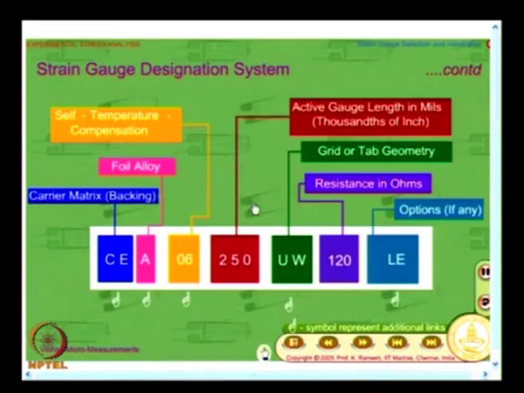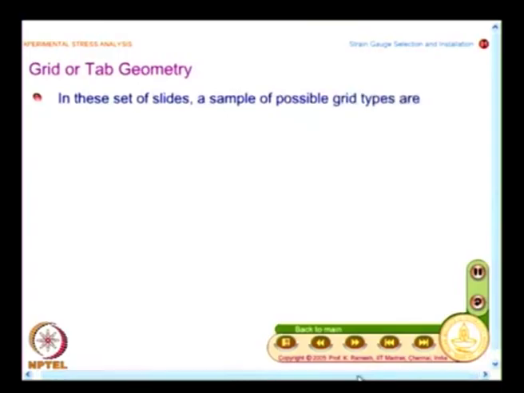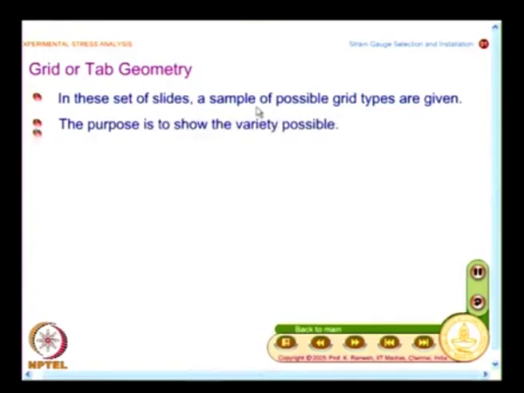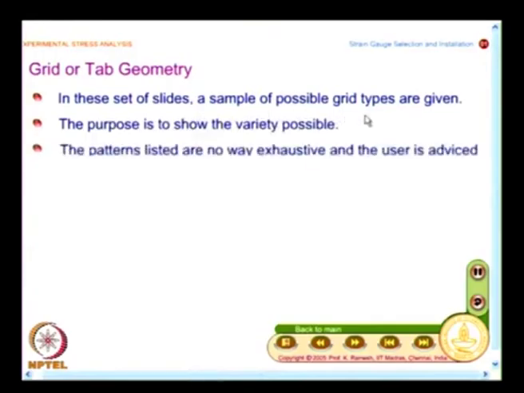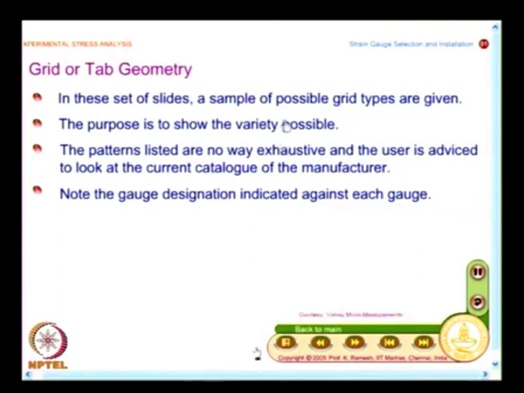So, now we focus our attention on what are the grid and tab geometry available. What I try to provide in this set of slides is only a sample of possible grid types, because you need to know what is the variety possible. A strain gauge is not just a single set of loops.